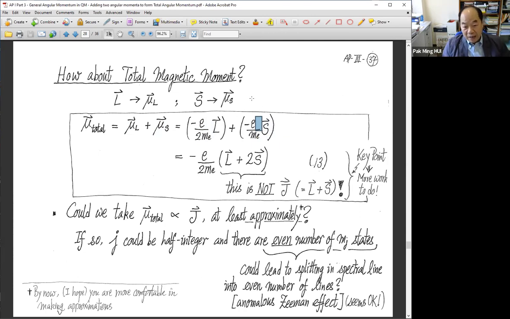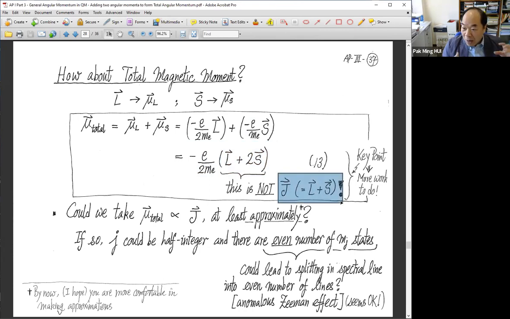Therefore, if we pull this common factor out, we do not get L plus S. Instead, we have a very funny thing called L plus 2S. You can think about this as the g factor. And L plus 2S is not J, because J is L plus S.